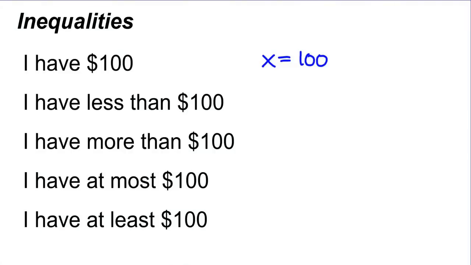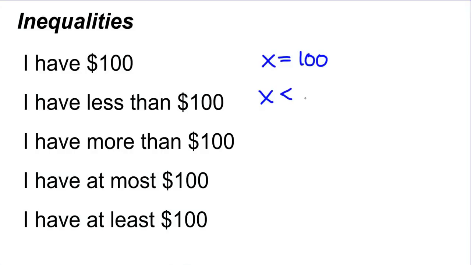Now compare that to the next statement. I have less than $100. Well, how much money could I have if I have less than $100? There's not just one answer to this. There are many, many possible answers. So I don't have $100. I have less than $100. So we're going to use something called an inequality to express that.